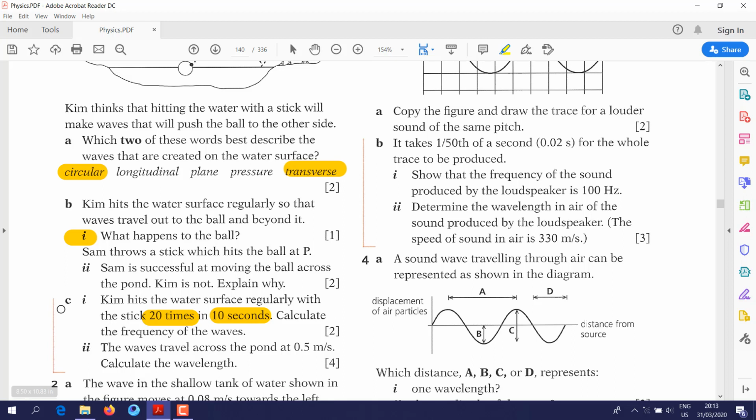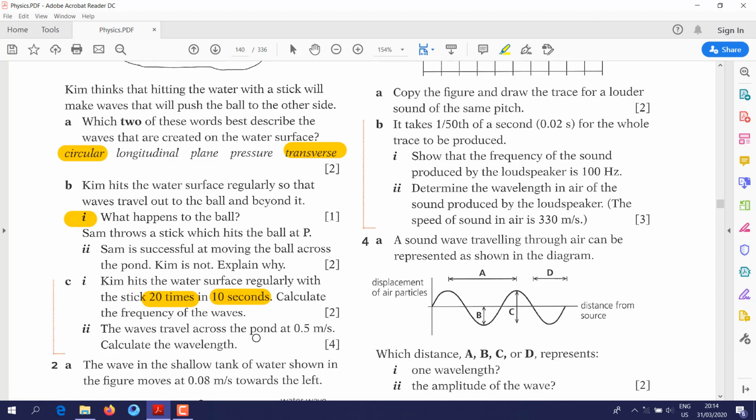D. The waves travel across the pond at 0.5 meter per second. So what do you think this number represents? If you look at the unit, it says meter per second. That means this number represents the speed of the wave. Calculate the wavelength. Now, what do we have here? We have the speed and the frequency.